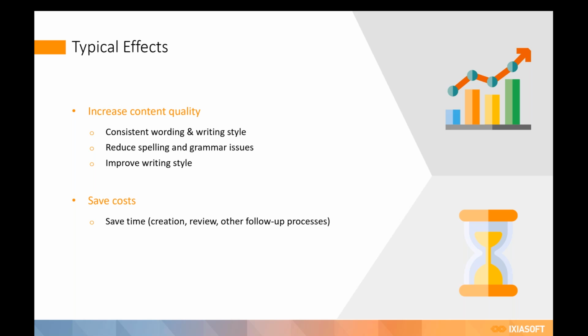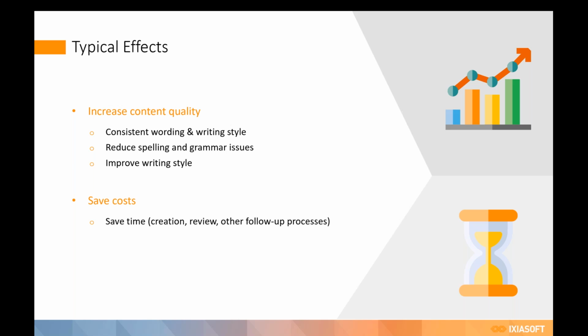Also, there's something simple such as reduced spelling or grammar issues. We had a presentation in the past where we added a typo to the heading of the slide just to make visible how disturbing a typo might be. And everyone focused on this typo. For example, let it be effects without the C. You would have looked at this word and you might wonder why I didn't find this typo, although I'm talking about authoring assistance, and it completely removes your focus from this presentation if there's a typo on the slide.